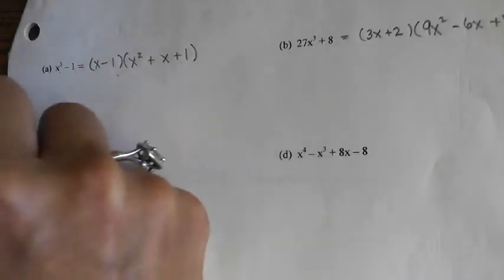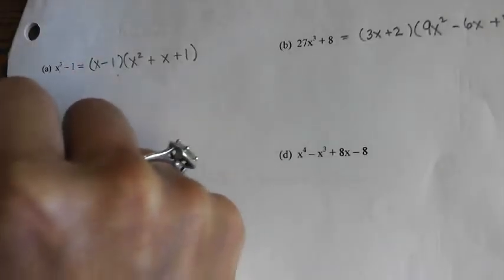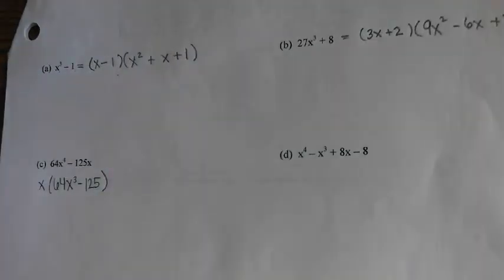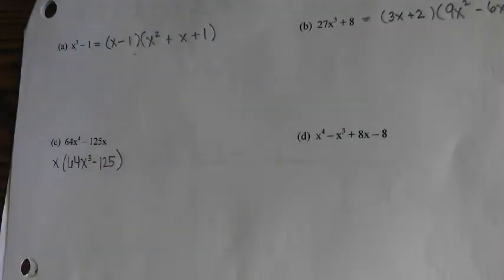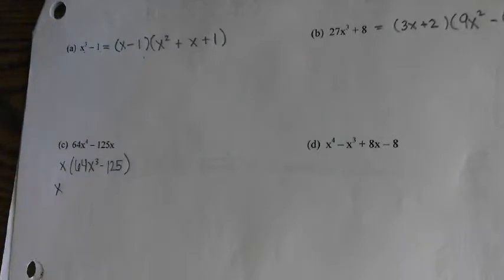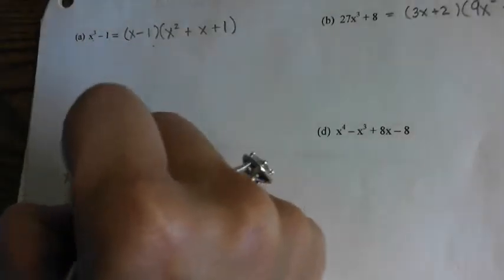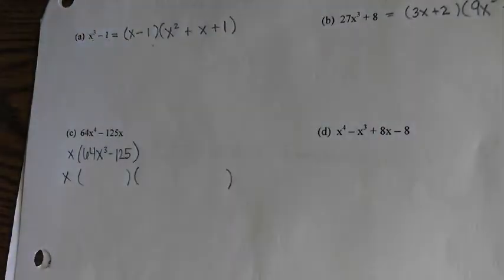And then once you take that out, now the difference of perfect cubes kind of comes to light. So I'm going to keep that x out in front, and then I'm going to set up my binomial, trinomial structure. Sarah, what's my binomial part look like?